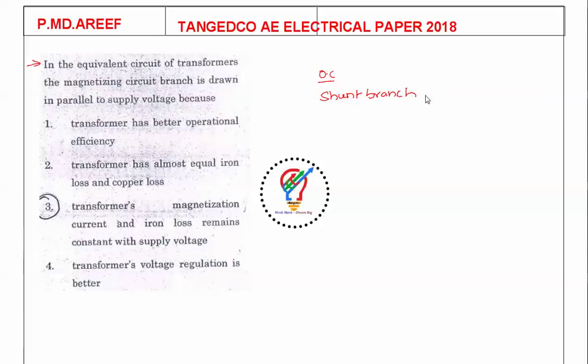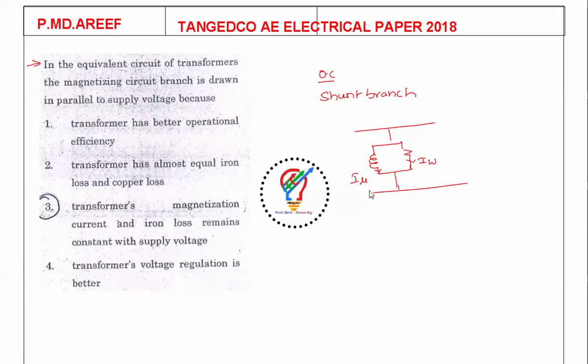Based on those shunt branch parameters, we can draw the equivalent circuit with the help of resistance and inductance to represent the magnetizing component of current and the working component of current.